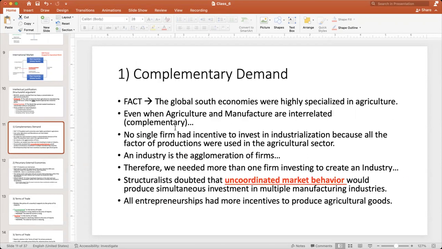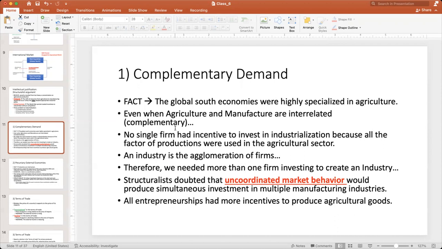So the first one is the complementary demand. There is a fact: the global South economies were highly specialized in agriculture. Even when agriculture and manufacture are very interrelated, complementary to each other, the problem is that no single firm had incentive to invest in industrialization because all the factors of production were used in the agricultural sector.